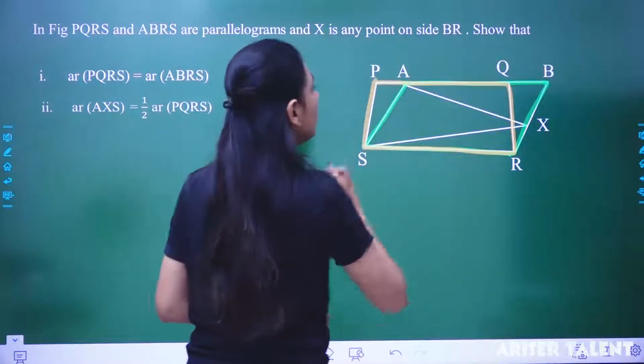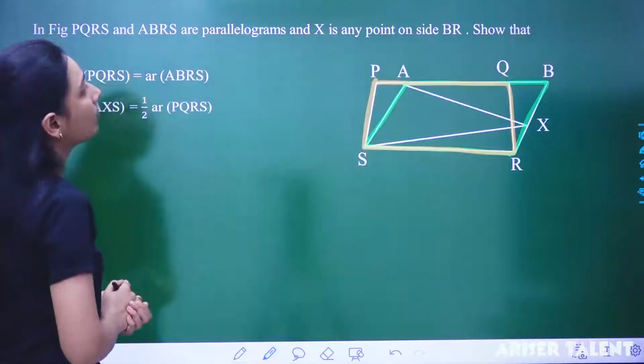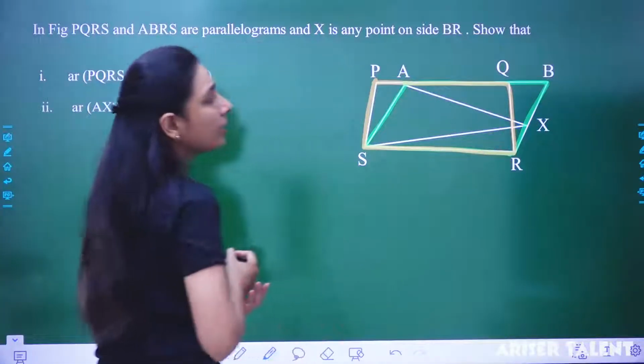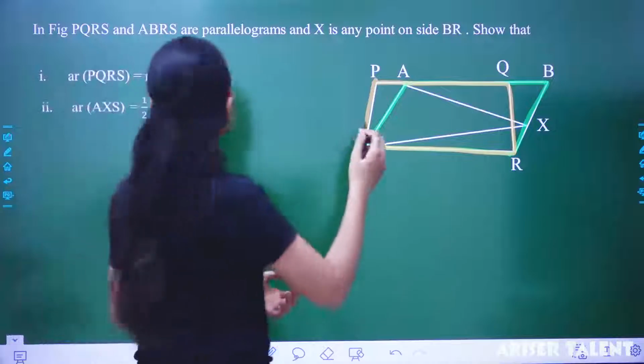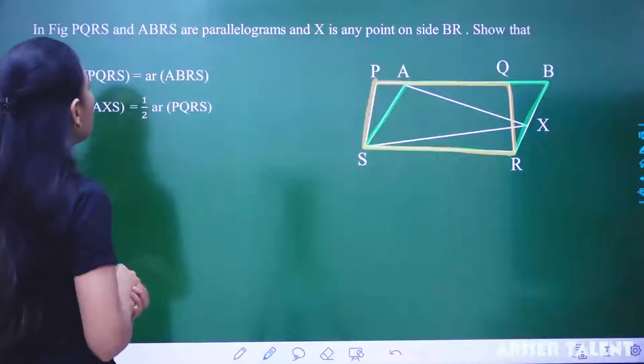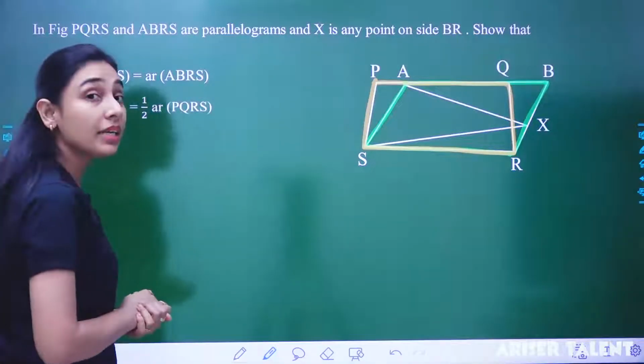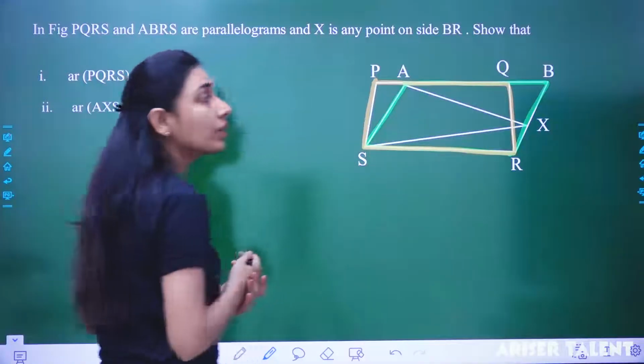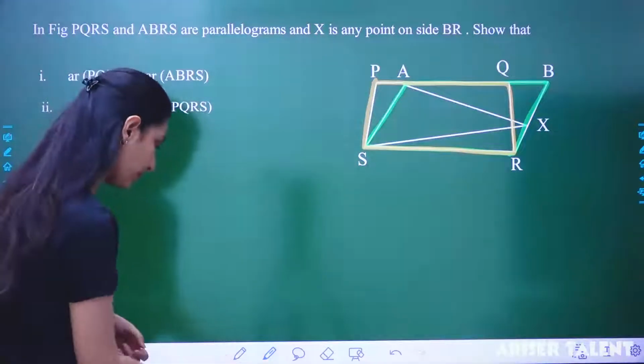This is the first parallelogram, that is the second parallelogram. Now we have taken a point X on the side BR. Now show that area PQRS equals area ABRS. We have to prove that these two parallelograms have the same areas.